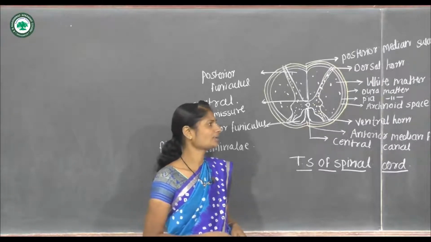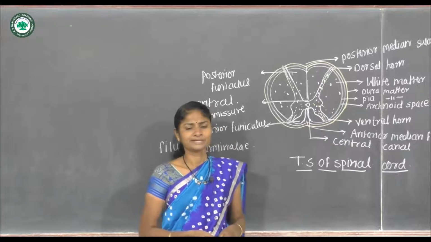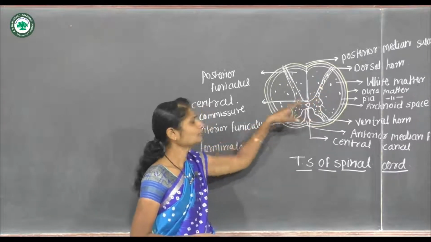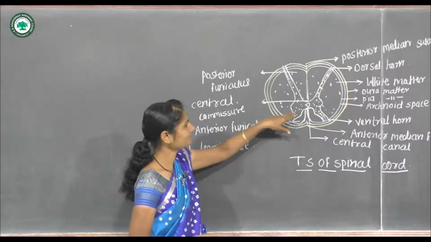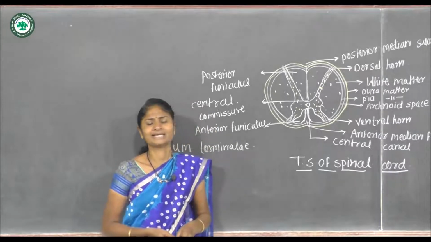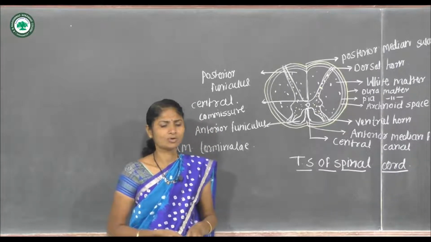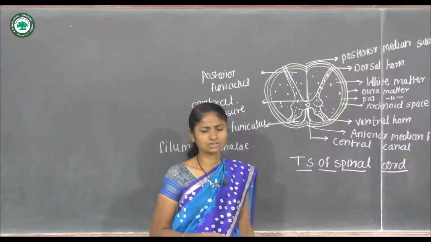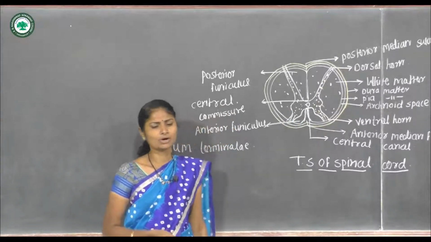It is surrounded by pia mater. Gray matter occupies the central portion, and as we observe in this diagram, it is arranged somewhat like the English letter H-shaped structure.